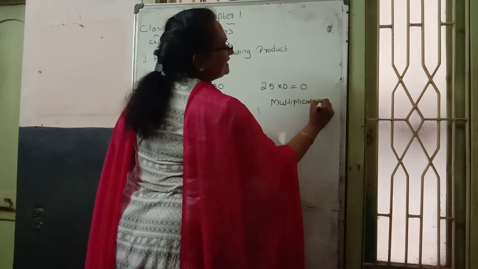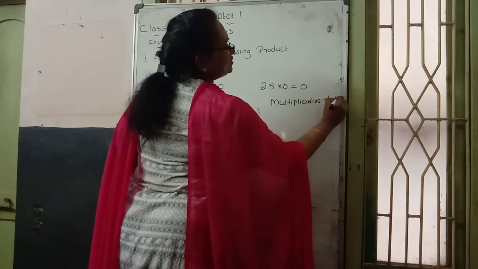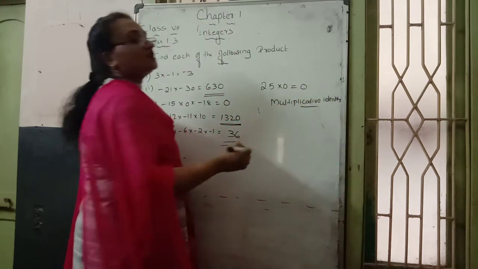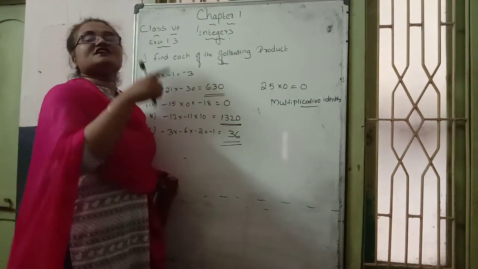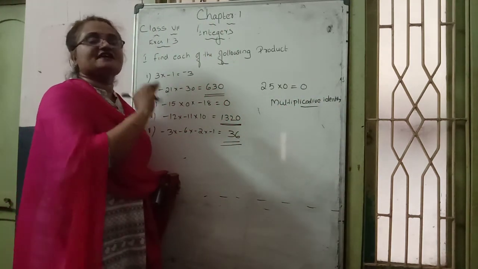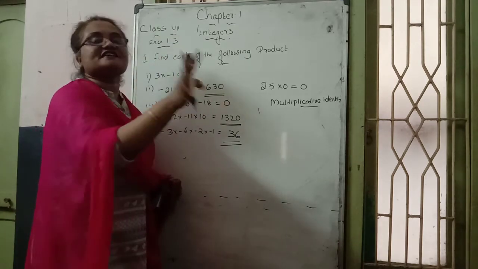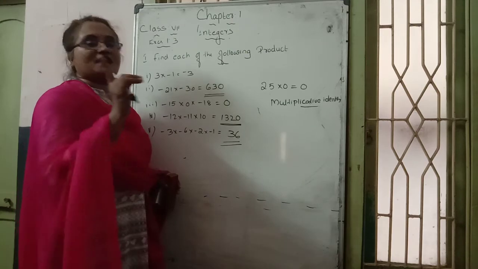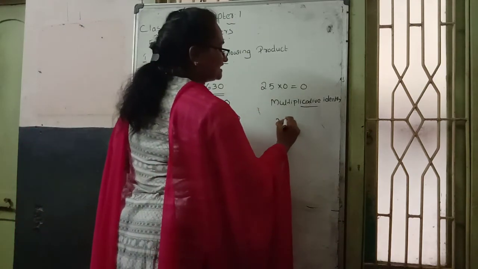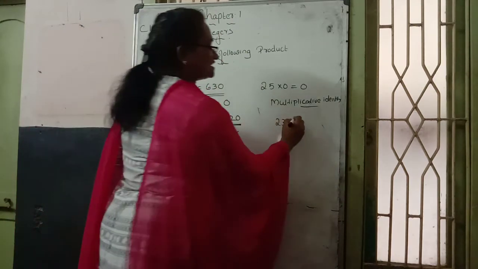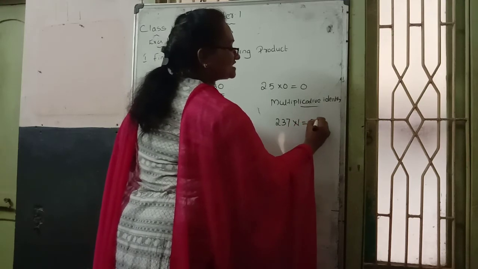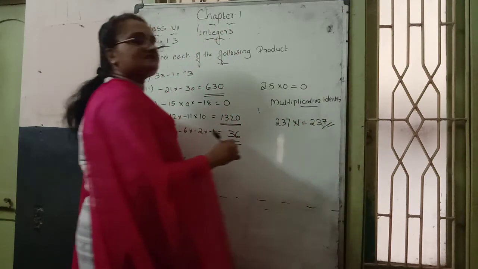Multiplicative identity means the number by which multiplying we get the same answer. Any number is multiplied with which number do we get the same number as the answer? 1. Here, 237 is multiplied with 1, what is our answer? The same number itself.